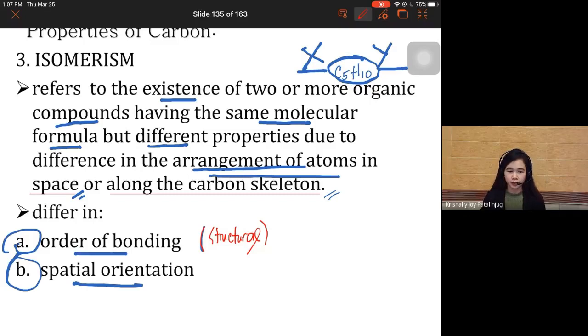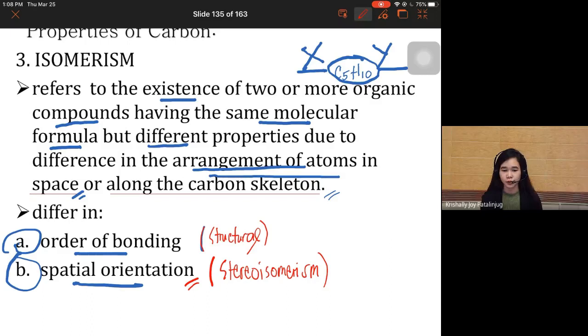Now, kapag naman ang isomerism exists due to the differences in the spatial orientation of the atoms in that molecule, we are referring to the stereoisomerism. Okay, so these are again the two general classifications of isomerism, structural isomerism and stereoisomerism.